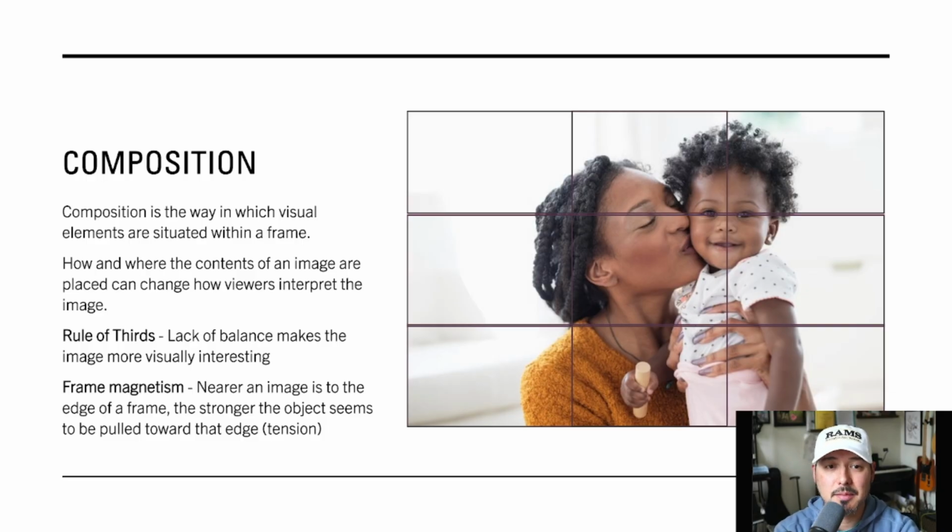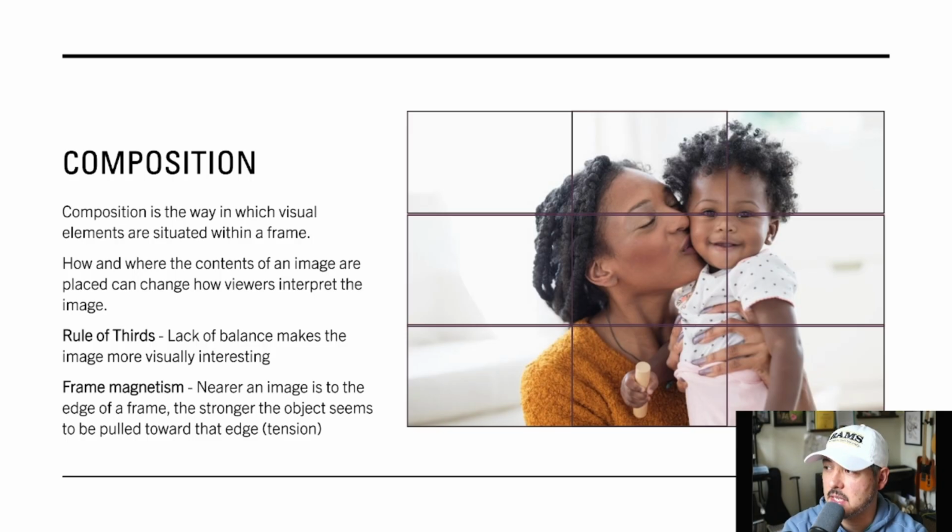If you see in this image we've shown this mother and her baby, their heads and their faces are not perfectly situated in the center of the frame. You see that the baby's face is situated in the upper right sort of corner.